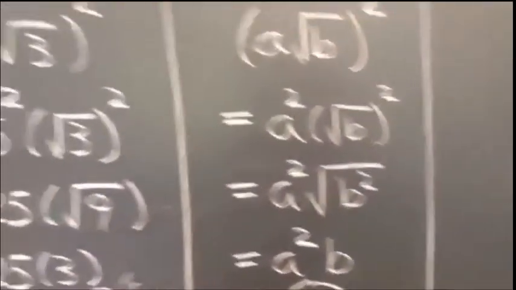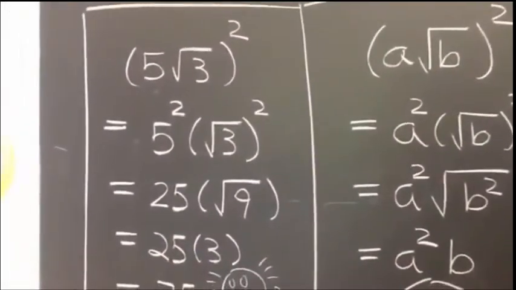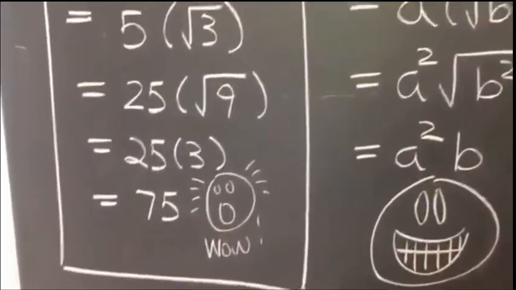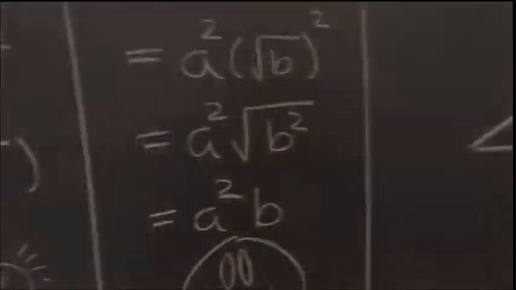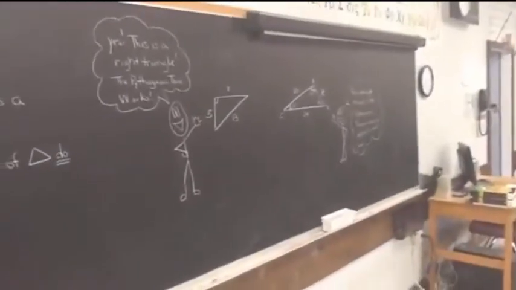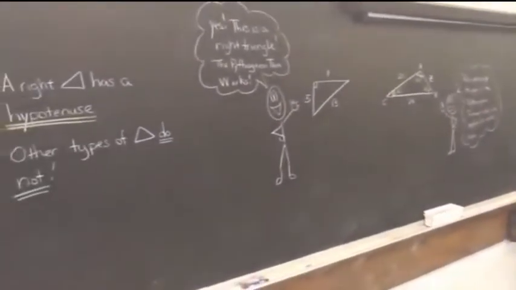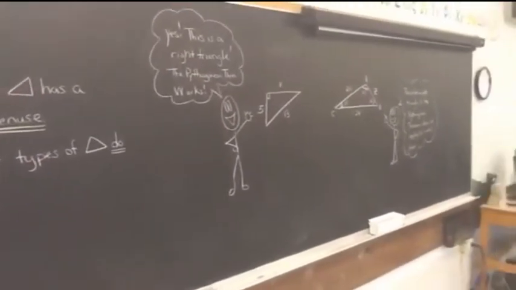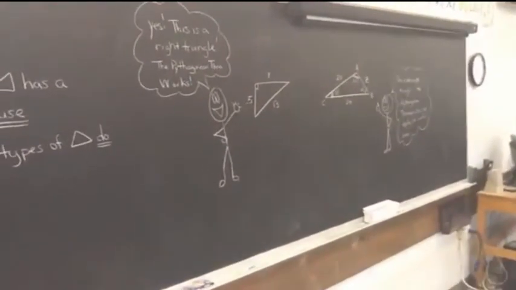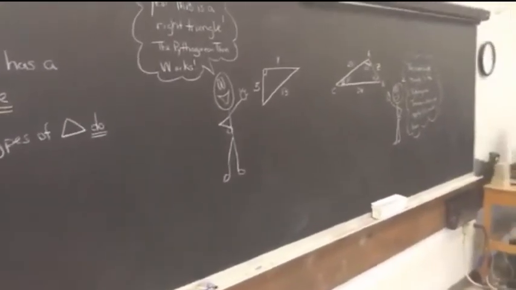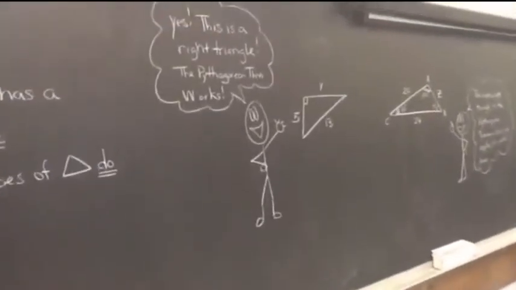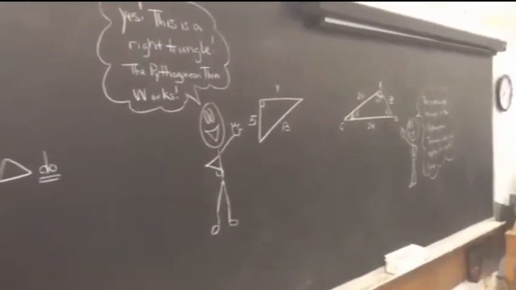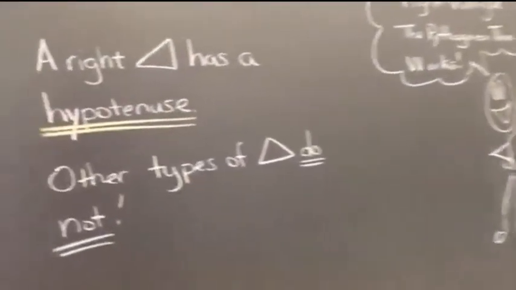All right, one more mistake or myth that students fall into, and then we'll be done. Okay, let's talk about one of the last mistakes or myths that my students sometimes believe. Sometimes students believe that if it's a triangle, then it's got to have a hypotenuse. That is false.